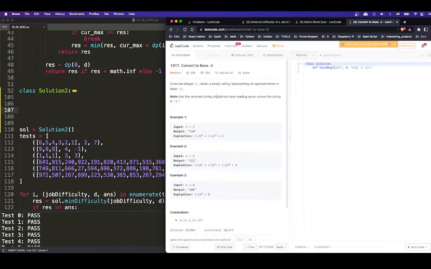Right? What do we get? 2 times minus 2 to the 2. So what is 2?